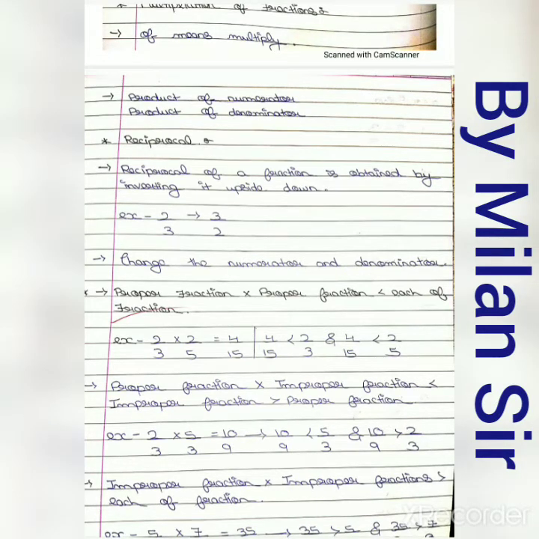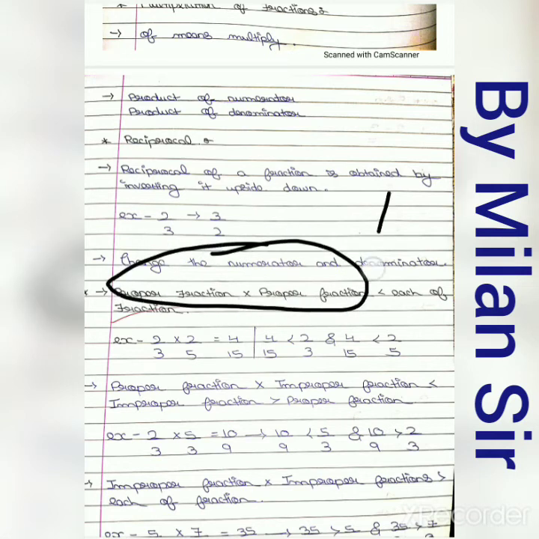Consider the first condition. If we multiply proper fraction with proper fraction, then our answer is always less than each of the fractions.